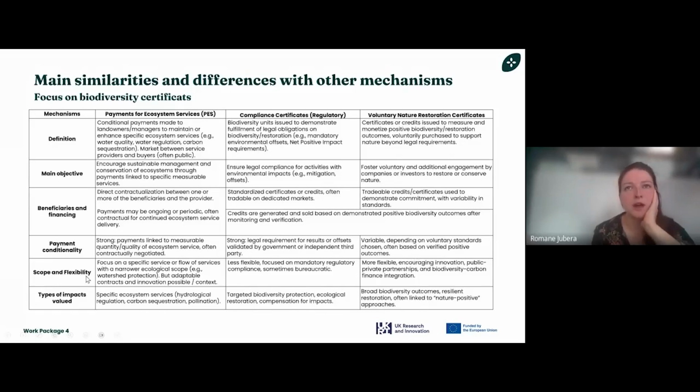In terms of scope and flexibility, PES is a bit more focused on a specific service, but it can be very adaptable and flexible. So innovation is possible depending on the context. Compliance credits are a bit less flexible, focused on mandatory regulation and compliance, sometimes a bit bureaucratic. Voluntary certificates can be a little more flexible and encourage innovation with public and private partnerships, but also biodiversity and carbon finance integration.